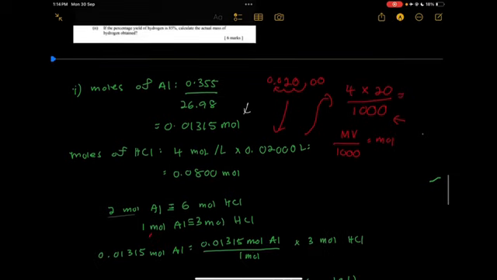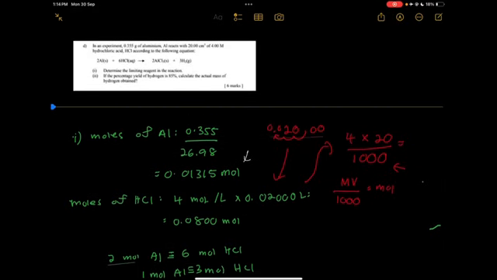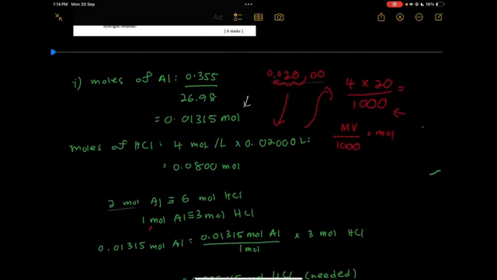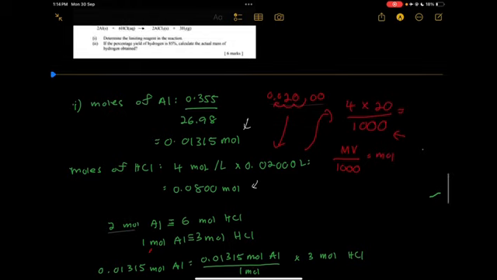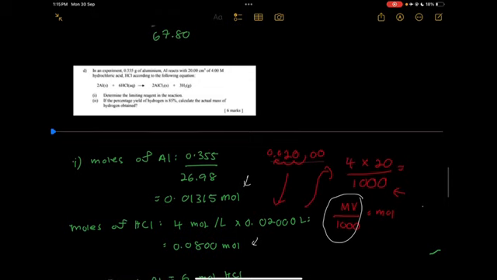Then use the same formula for HCl and we will get the answer 0.0800 mole. For the moles of HCl, we use the formula MV divided by 1000 for mole. So we will get 0.0800 mole because the question gives the volume for HCl. Is it correct? Yes. Okay.